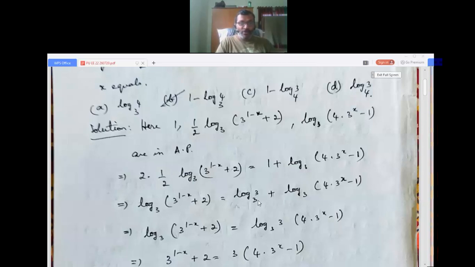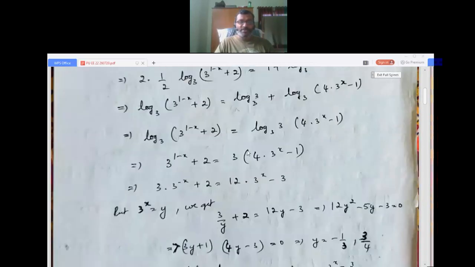So we get log base 3 of 3 power 1 minus x plus 2 equals log base 3 of 3 into 4 into 3 power x minus 1. Now log base 3 on both sides can be removed or cancelled. So we get 3 power 1 minus x plus 2 equals 3 into bracket 4 into 3 power x minus 1 close bracket.